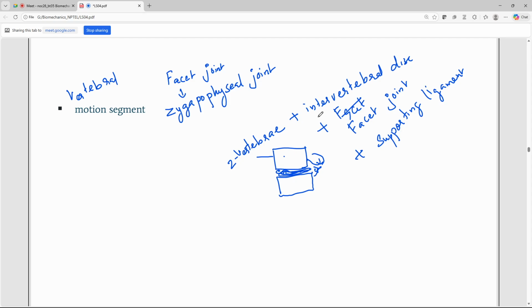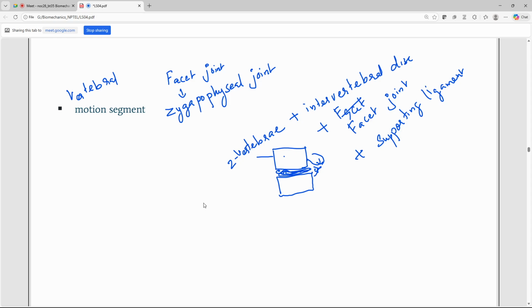This is called a functional unit because these five components join together to make different things possible. That is the load transmission, because at the same time, multiple things are being done by this unit.